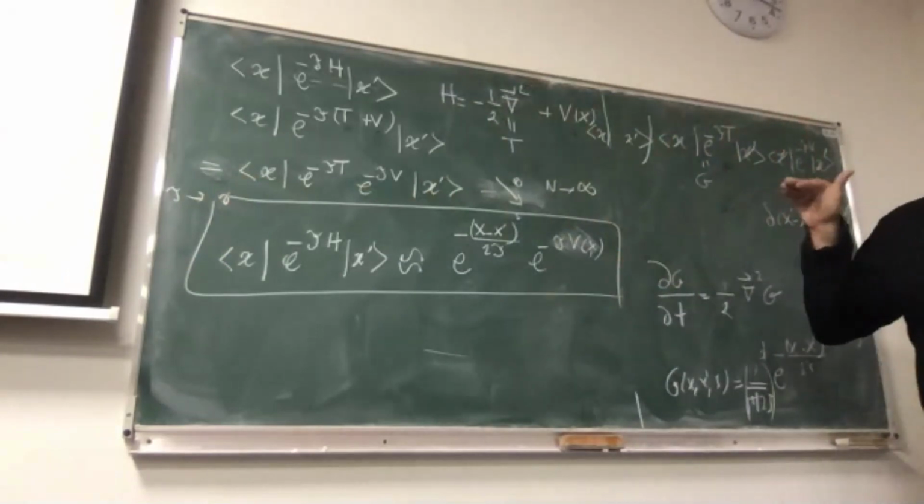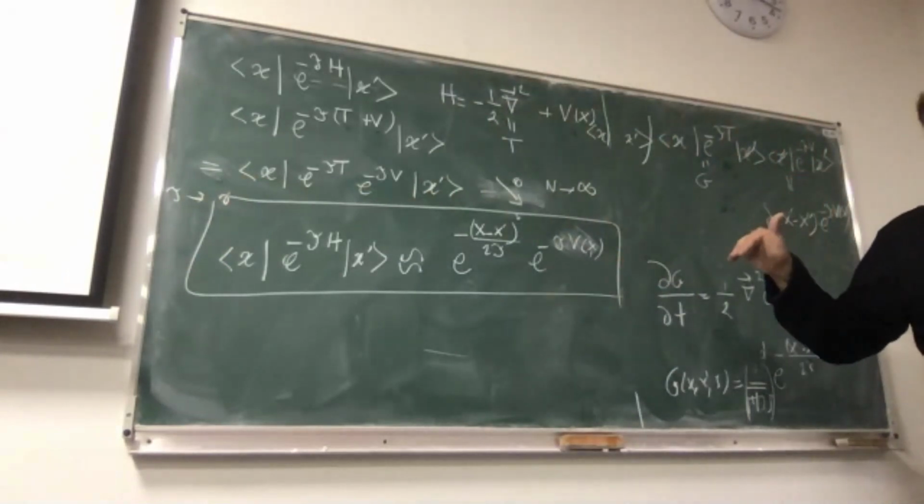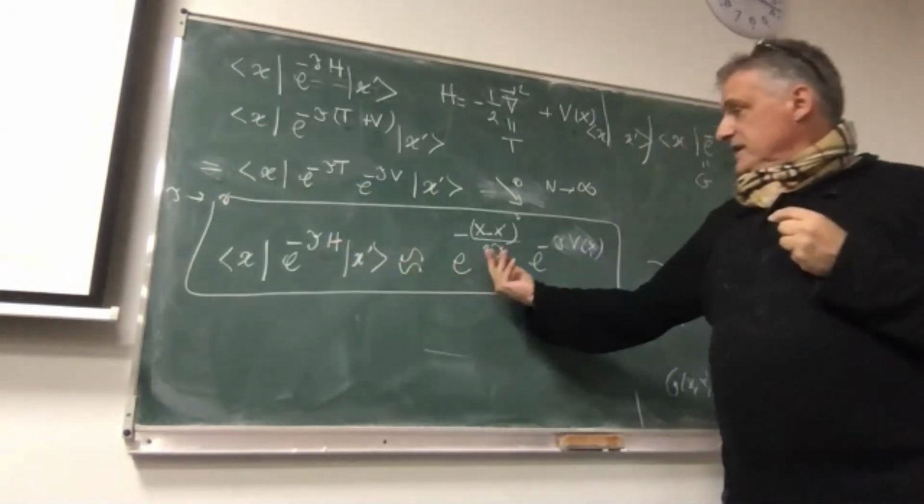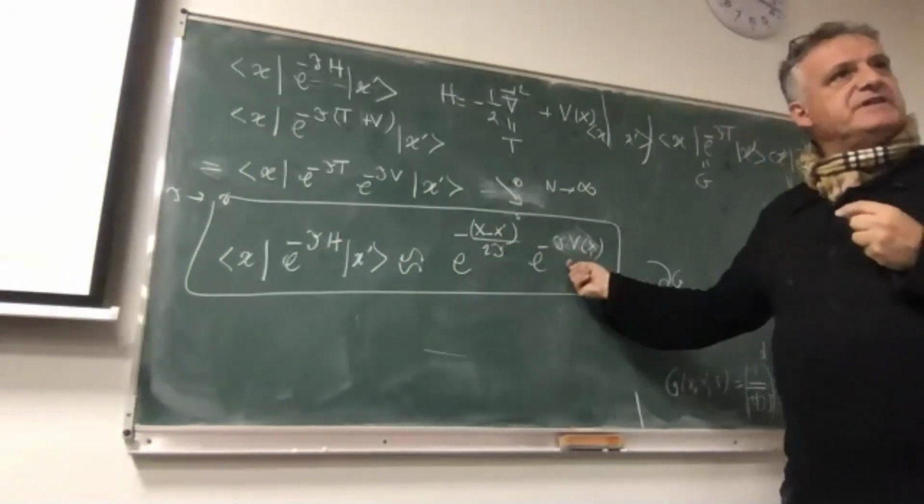We have an accurate expression of the Green function at small time, explicitly, the Gaussian times this quantity.